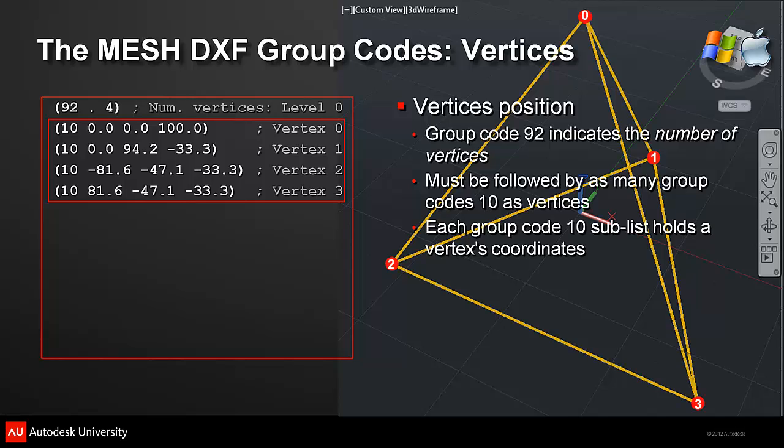This sequence begins with a group code 92 that indicates the number of vertices in the mesh, in this case 4. It is followed by as many group 10 codes as vertices indicated by code 92. Each group 10 sublist contains a vertex coordinates.